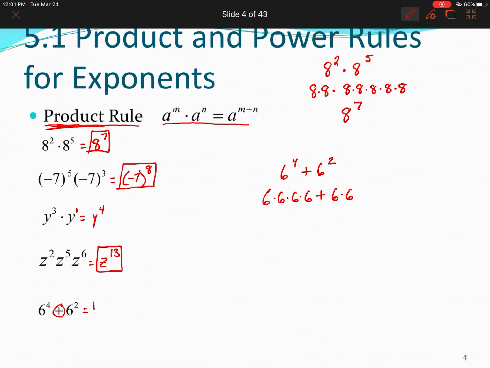So we cannot just put them all together. You've got to do 6 to the 4th, you've got to do 6 squared, and then you could add those. And so for our process of using the product rule, we're going to say the product rule does not apply. So I'm going to say DNA for does not apply.